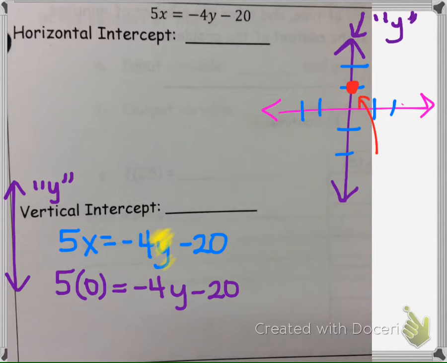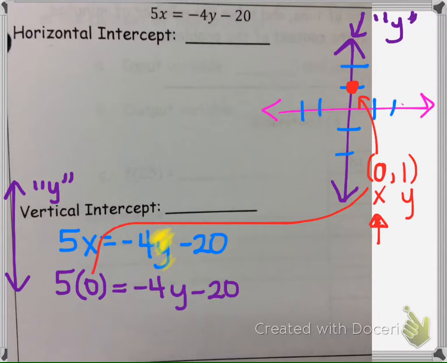Well, the ordered pair for that point is x is 0, and then you just go up 1. So for a point to be on the vertical axis, the y-axis, x has to be 0. That's why we're plugging in 0 for x. So now we're going to simplify this.